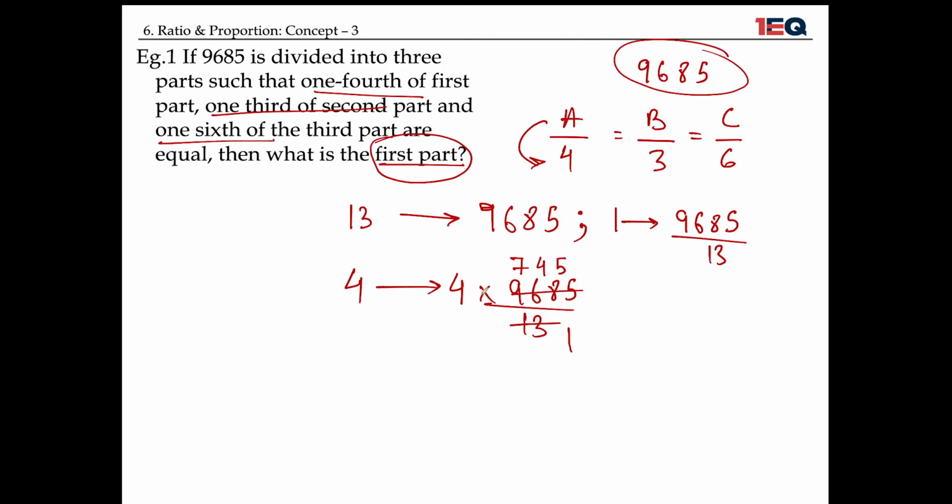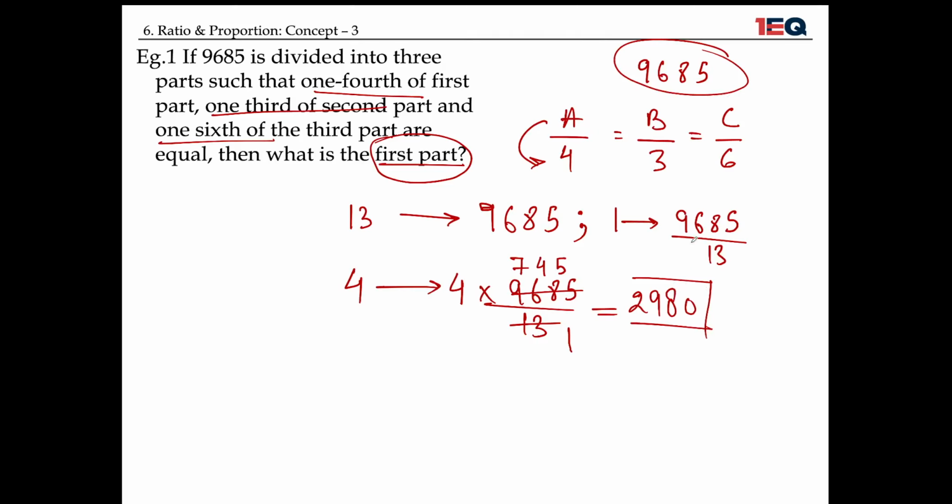So I have 745 multiplied by 4, which is equal to 4 fives are 20, 4 fours are 16, 17, 18, 1, 4 sevens are 28, 2980. So the portion of A in 9685 is equal to 2980. Are we good? I think we are.